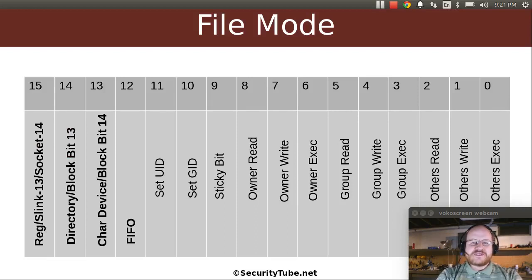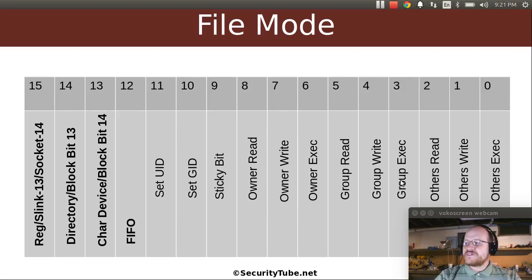There is a 16-bit file mode vector, a bunch of bits, and you're probably familiar with some of these already. You know about the octal bits that we use for permissions. We can do chmod 777 if we're feeling lazy, which gives everybody execute, write, and read permissions.